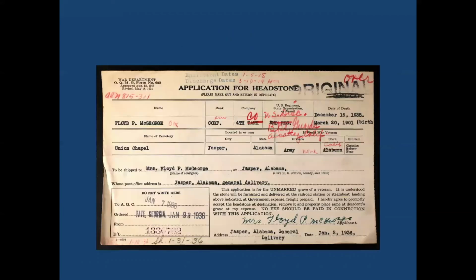So here is the case of Floyd P. McGeorge, who was in Jasper, Alabama. He served in the Army. He's a barracks guard. And on the back, it details information about his enlistment, his re-enlistment, his discharge and re-enlistment and discharge.